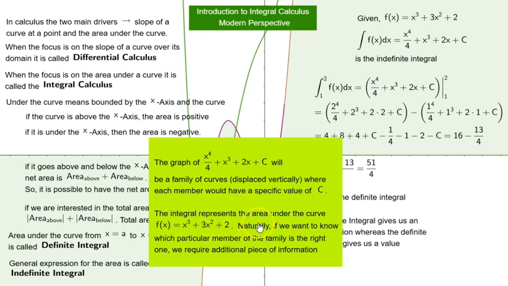The integral represents the area under the curve f of x equal to x cube plus 3x square plus 2. Naturally, if we want to know which particular member of the family is the right one, we require additional piece of information. So that was the modern perspective, a very brief one.